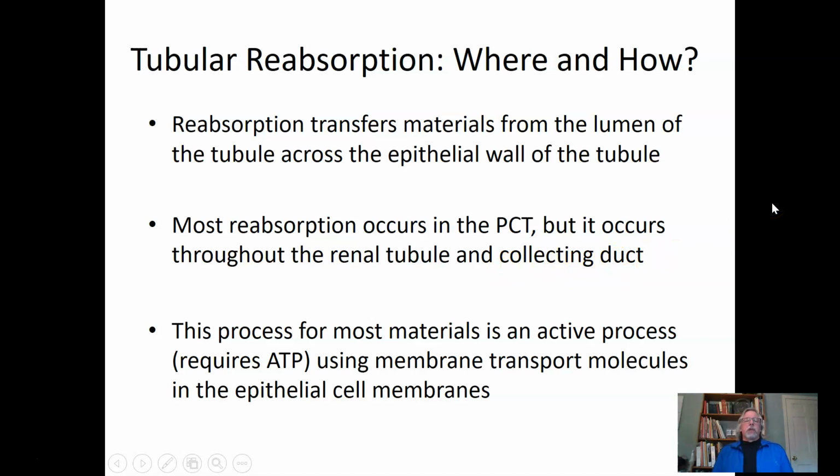Now, this process is going to be moving materials out of the tubule, and for most materials, this requires ATP in order to actively transport stuff out of the renal tubule and into the bloodstream. And the ATP is involved in powering the active transport proteins to move substances out of the renal tubule.